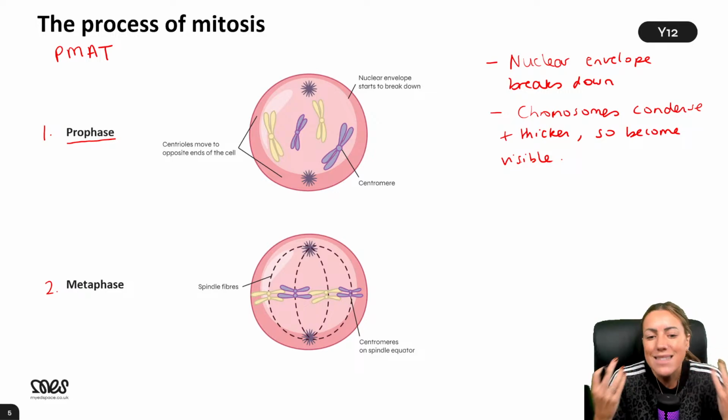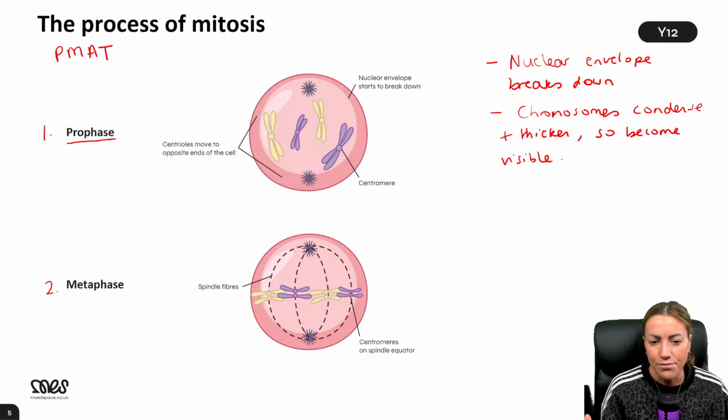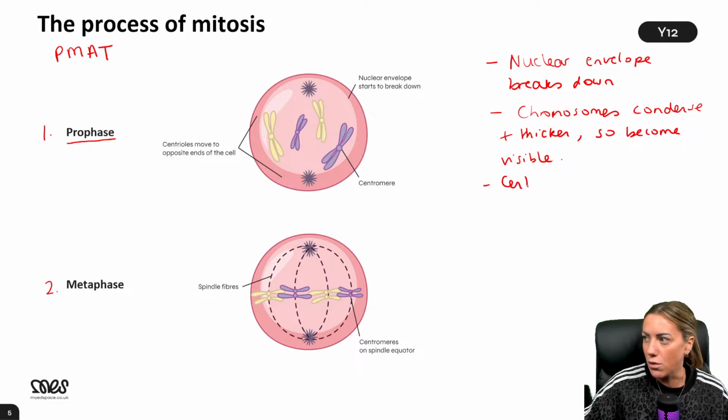So if we can see the chromosomes under the microscope, we know that the cell must be undergoing mitosis, okay? Because you can't see them otherwise. And we've also got the centrioles move to opposite poles. So these are the 3 key things that happen during mitosis.